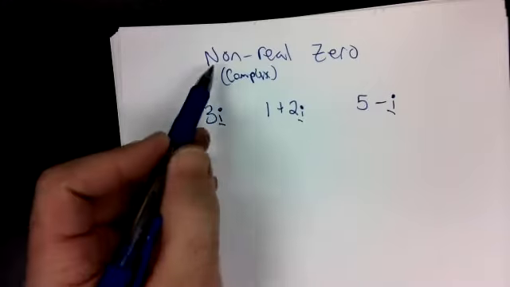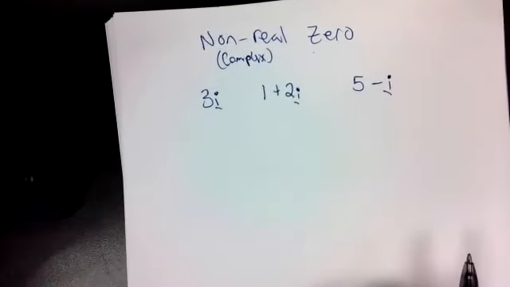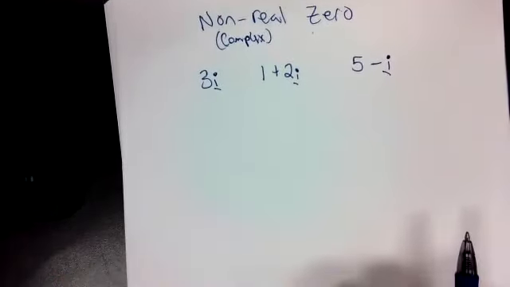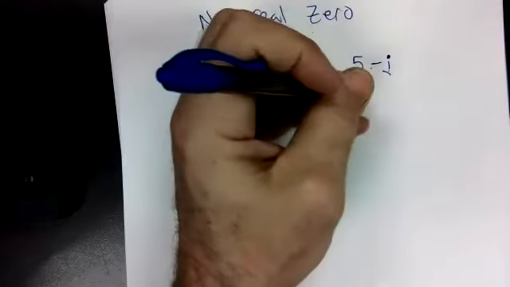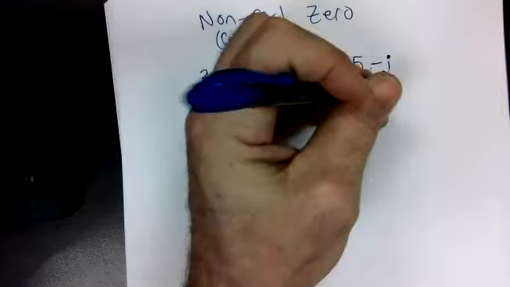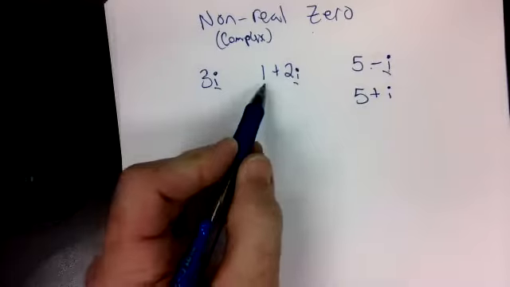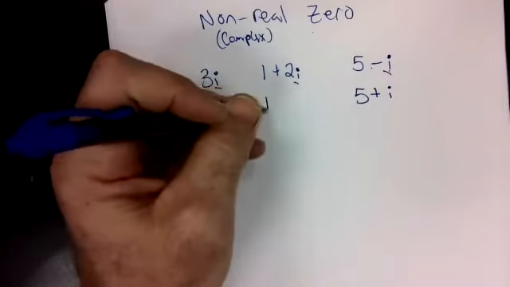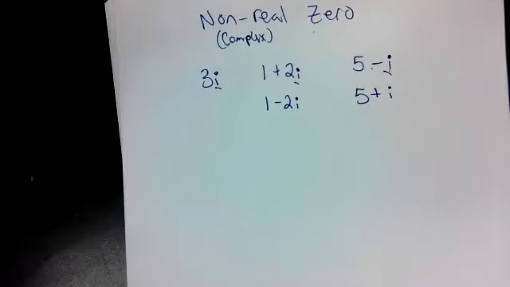And just like irrational, non-real zeros come in pairs. And in the exact same way, it's the conjugate. So if 5 minus i is a zero, so is 5 plus i. If 1 plus 2i is a zero, so is 1 minus 2i.